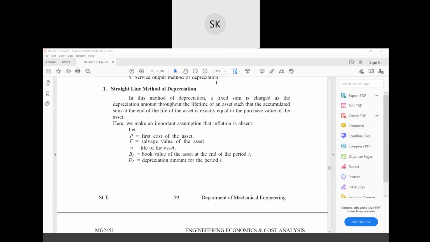In straight line method of depreciation, a fixed sum is charged as the depreciation amount throughout the lifetime of an asset, such that the accumulated sum at the end of the life of the asset is exactly equal to the purchase value of the asset. A fixed sum is charged as a depreciation amount.